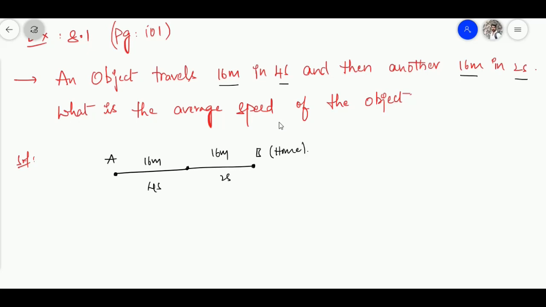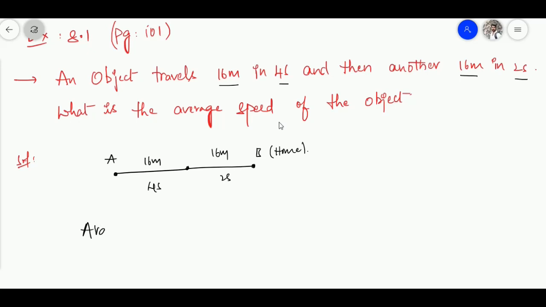After going home, your mom would ask what speed you maintained in your journey, but you have 2 different values. In the first part you traveled 16 meters in 4 seconds, that means 4 meters per second, and in the second part you traveled 16 meters in 2 seconds, that is 8 meters per second. You have 2 speeds, but you have to say only one speed.